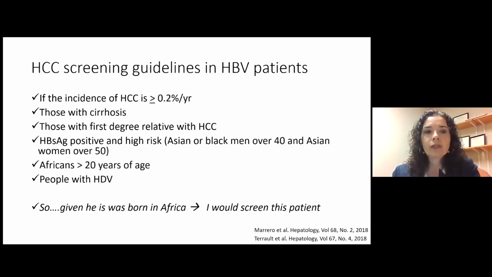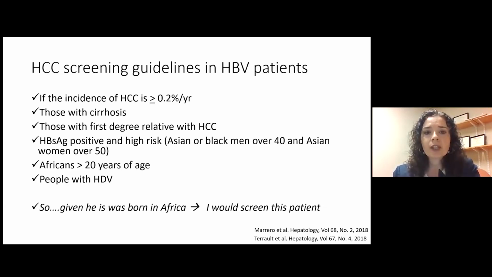Here are the guidelines for HCC screening in hepatitis B patients. First, if the incidence of HCC is greater than or equal to 0.2% per year, the recommendations are that you should screen for HCC. In patients with hepatitis B who have cirrhosis, of course, you would want to screen for HCC, just like you would with any patient with cirrhosis. If there's a patient who you're seeing with a first-degree relative of HCC and hepatitis B, these are people who are at higher risk.